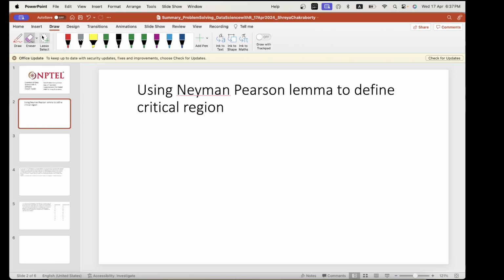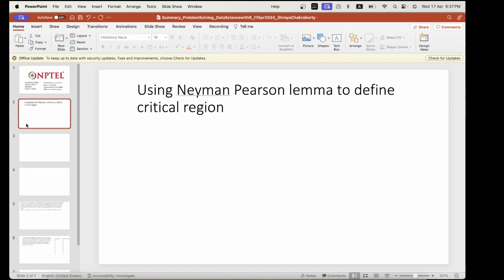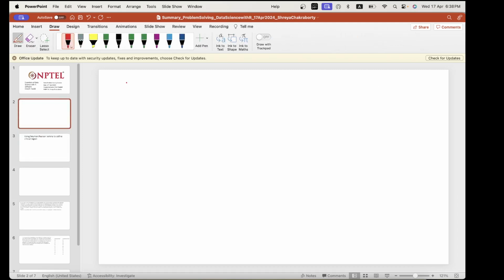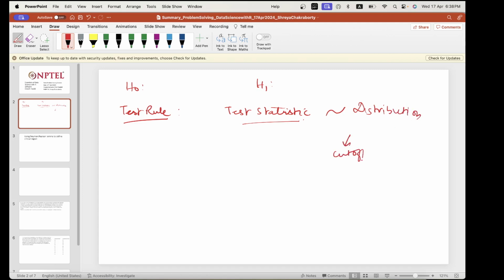We had some null hypothesis in our mind, some alternate hypothesis in our mind, and then we defined some test rule based on some test statistic, and that would follow some distribution, and then we would define cutoffs and then formulate the rule.